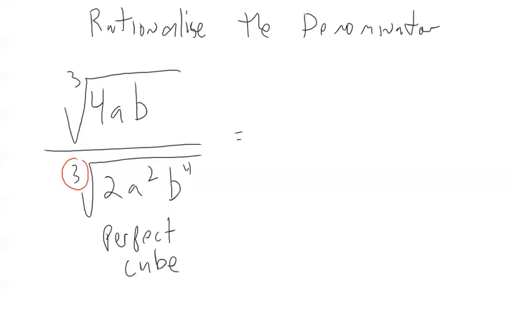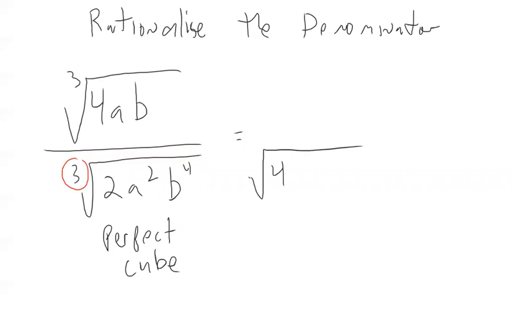Well, how do I make 2 a perfect cube? I need 2 more 2's. If I have 3 2's, then I can take the cube root of that. 2 times 2 times 2 is 8, so I need to multiply this by a 4. 4 times 2 gives me the 8.